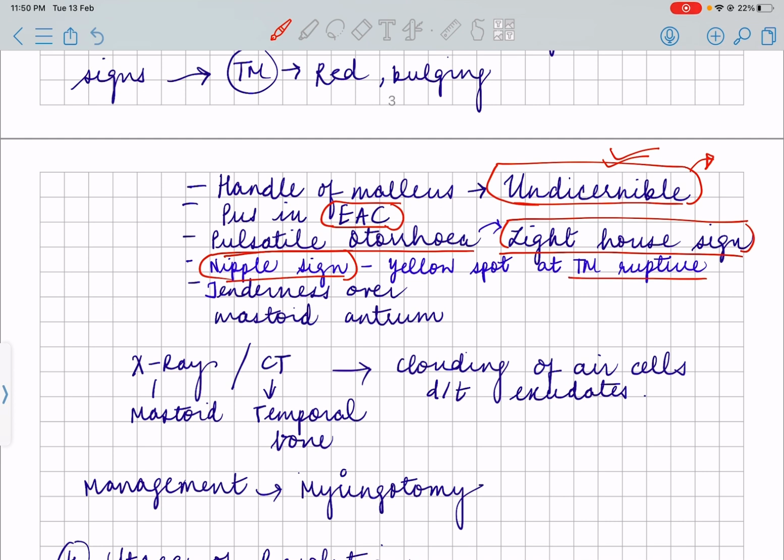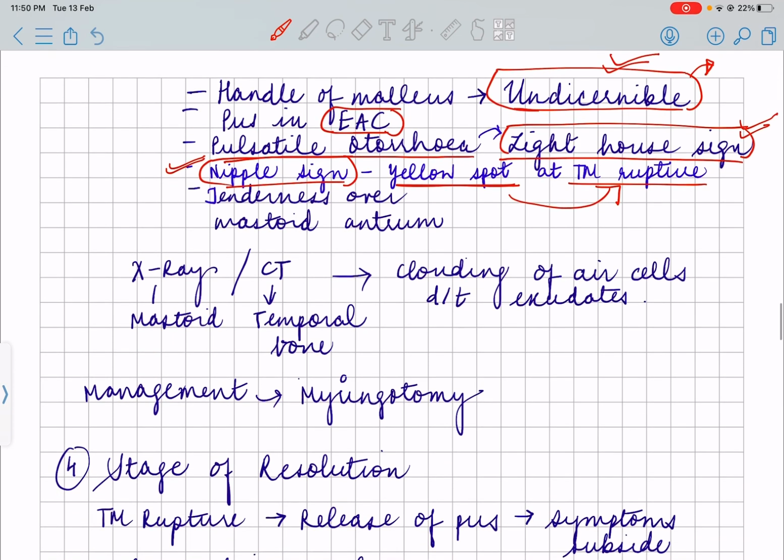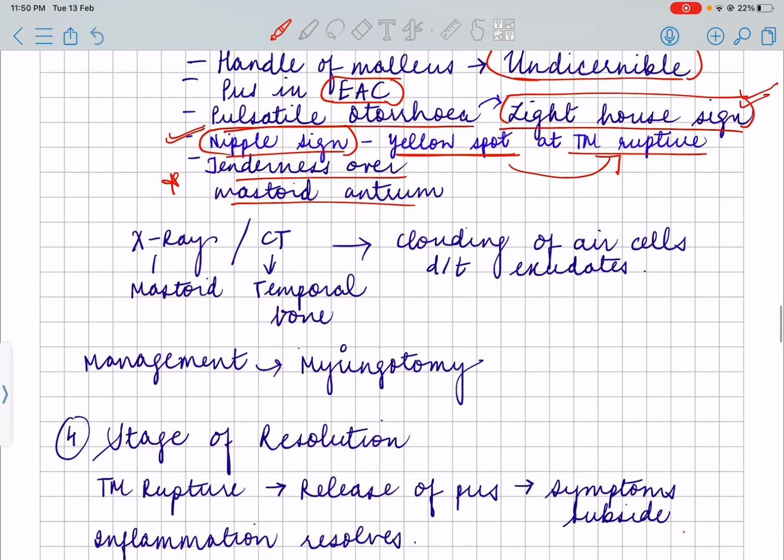So it will be seen as a yellow spot at the site of TM rupture, which is known as the nipple sign. So both of these signs are very significant, the lighthouse sign and the nipple sign. There will be tenderness over the mastoid antrum, which is again a significant clinical sign.